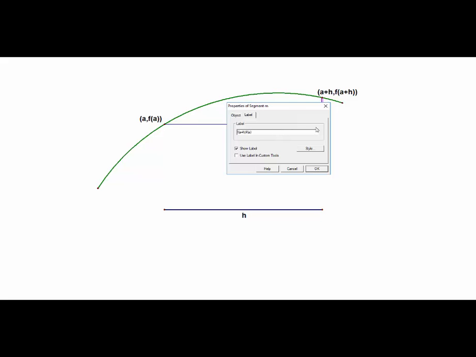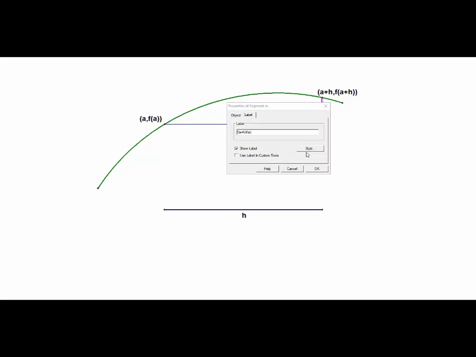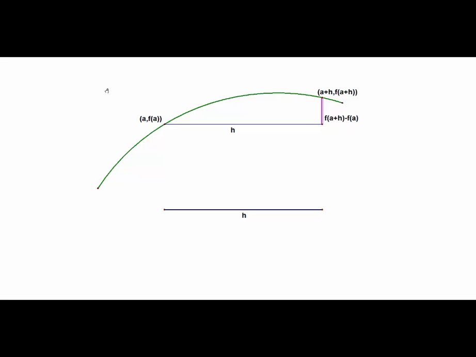I shall show it to you again, and you can see I'm doing all this without any rehearsal. So here we go. Because this is f of a plus h minus f of a. Why? Because here we have a, here we have a plus h. All right. So this altitude is f of a plus h, and this is f of a.